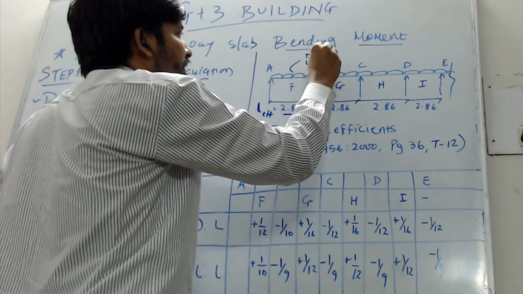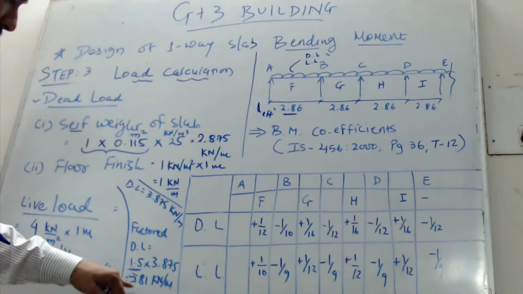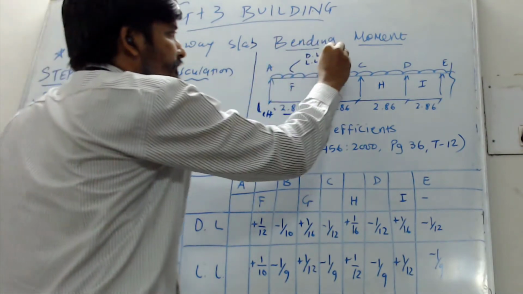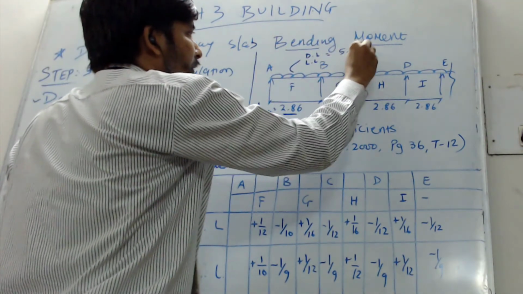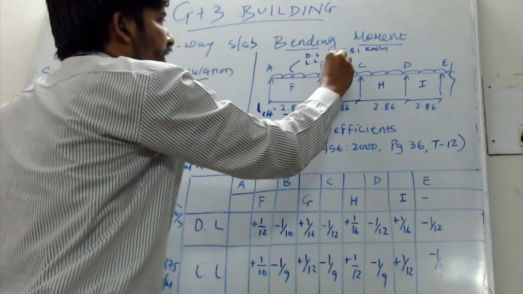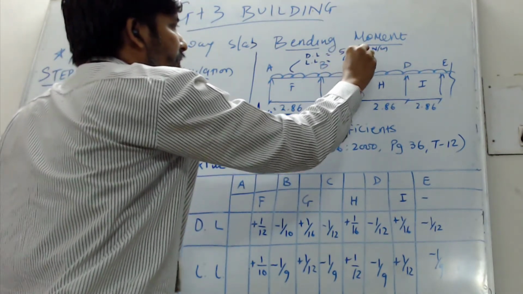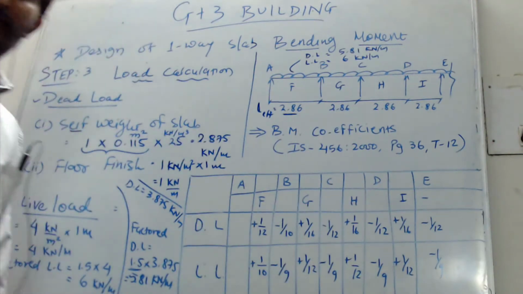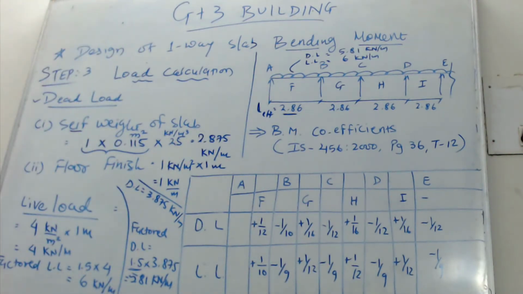So how much was the dead load? Dead load was 5.81 kilonewton per meter, that is the unit of UDL, and the live load is 6 kilonewton per meter. So this is how the loading has been. Now we have a continuous slab having the loading of dead load as 5.81 and live load as 6 kilonewton per meter.